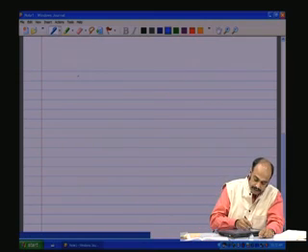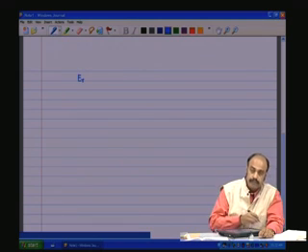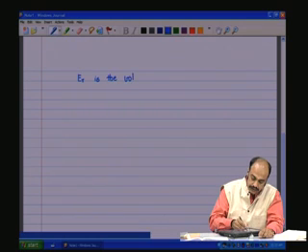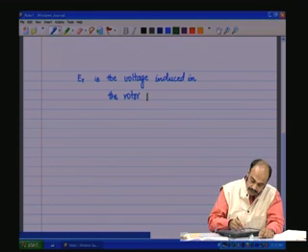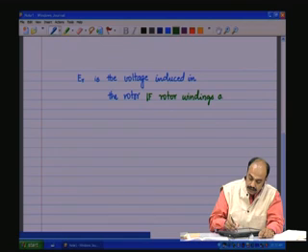Now if we say that ER is the voltage induced in the rotor if rotor windings are open circuited.